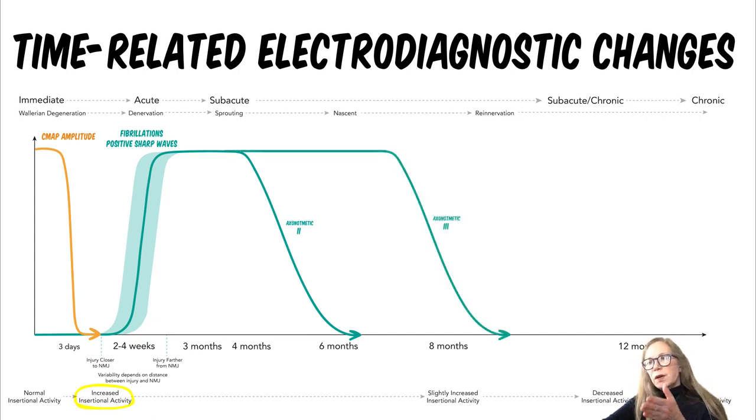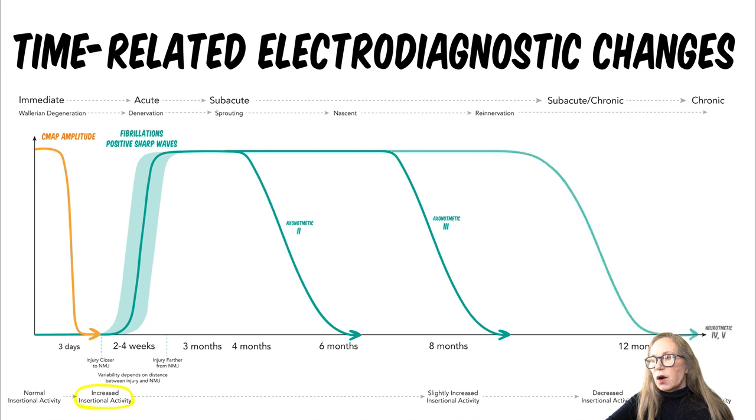For example, in a very mild axonotmetic injury, you'll get that collateral sprouting, filling in the empty fibrillating motor end plates, and those fibrillations will disappear over time. By contrast, if not treated and no recovery, then around a year, we saw that on that nice table, the fibrillations will stop, and you can't reinnervate.